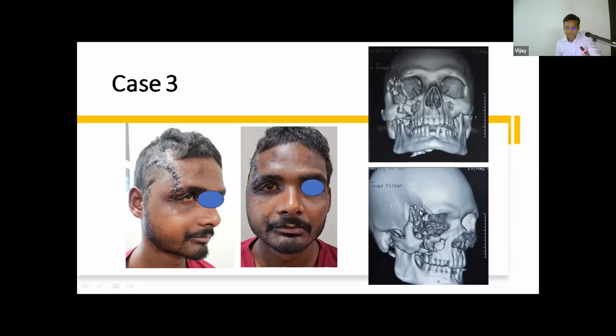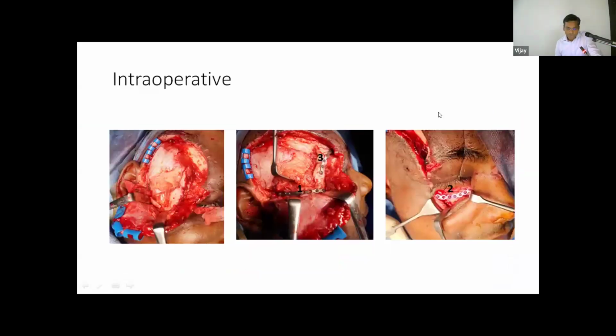The frontozygomatic region was comminuted, the infraorbital rim was comminuted, the ZM buttress was comminuted, and also the zygomatic arch. So for this type of fracture, we should start our reduction and fixation by reducing the side which is least comminuted. So here we change our sequence of fixation.